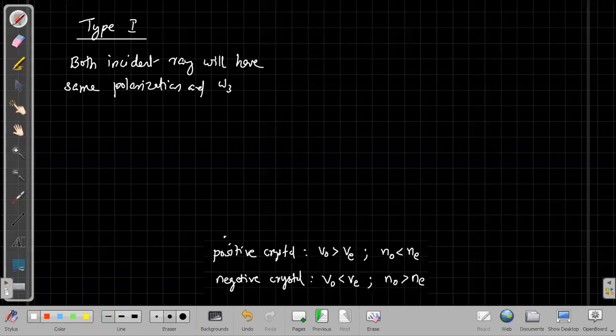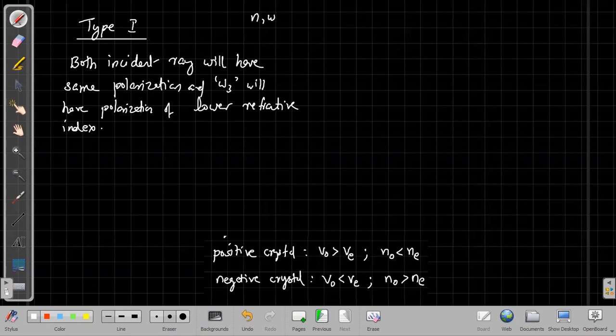and omega 3 will have the polarization of lower refractive index. So remember the phase matching condition we can write: n1 omega 1 plus n2 omega 2 equals n3 omega 3.